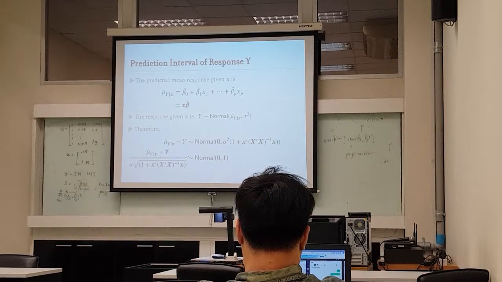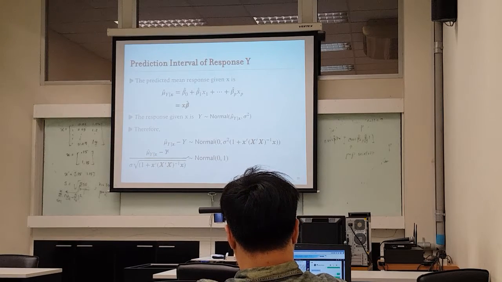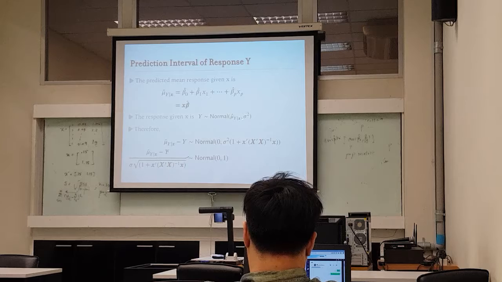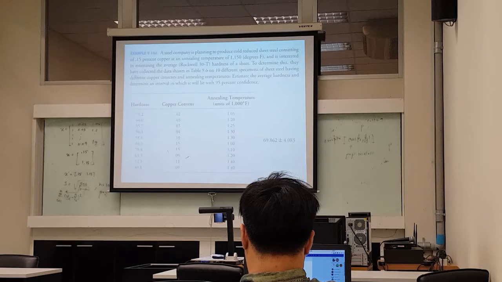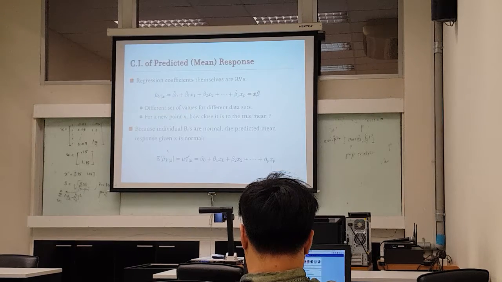You subtract this one out of this one, and you will get a normal distribution with zero mean, and the variance will be the sum of this variance and this variance. The sum of these variances is this one.